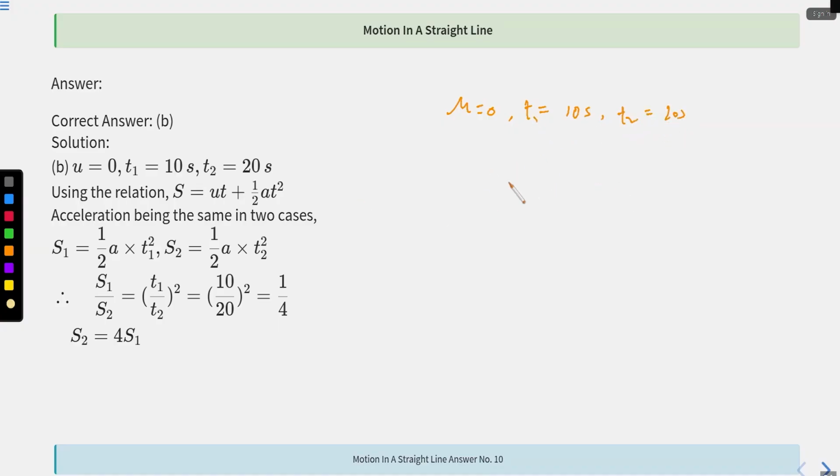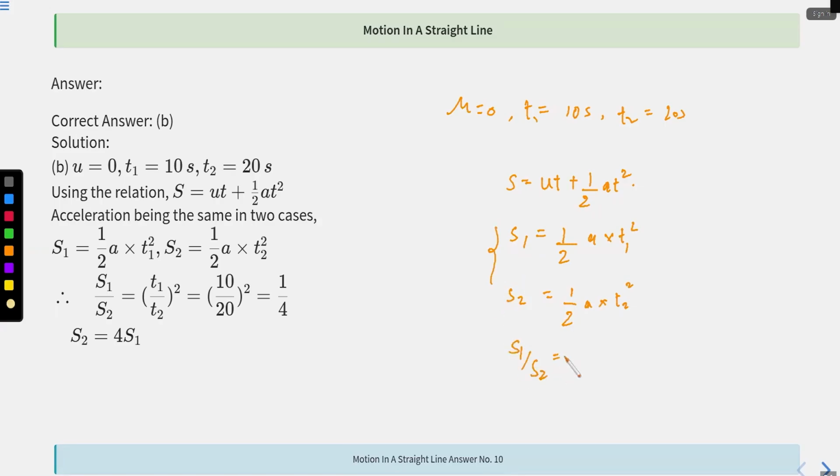We know our equation of motion where we have initial velocity, time, as well as acceleration, which is s equal to ut plus half at square, correct? So S1 is equal to 1 by 2a into T1 square. S2 is equal to 1 by 2a into T2 square.